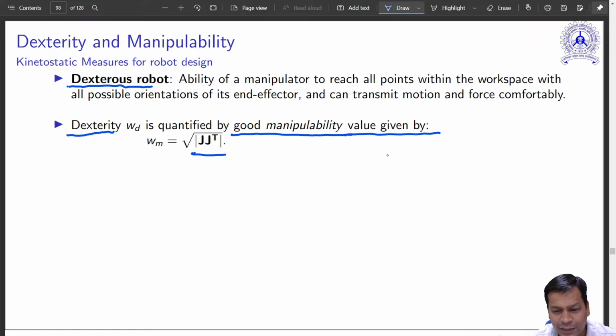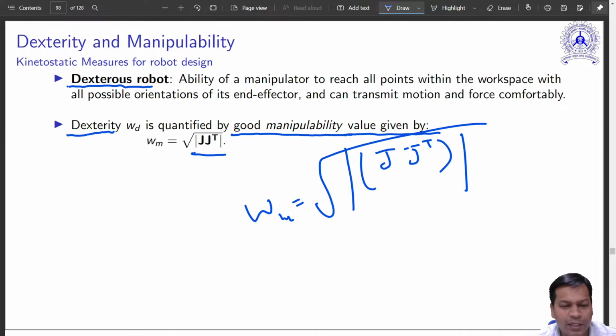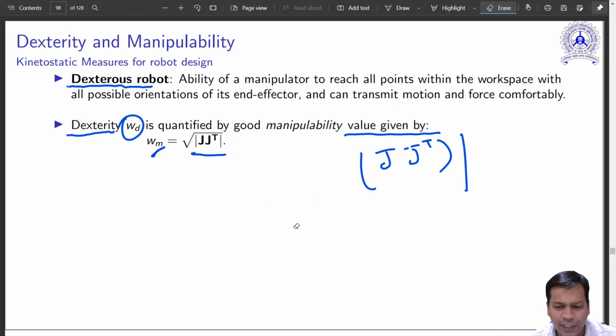If J is the Jacobian, J times J transpose will create a square matrix. If you take the square root of this, the value that you get is called the dexterity value, given by WD. Over here I have written WM, there is a special reason for that. I'll just come to that.